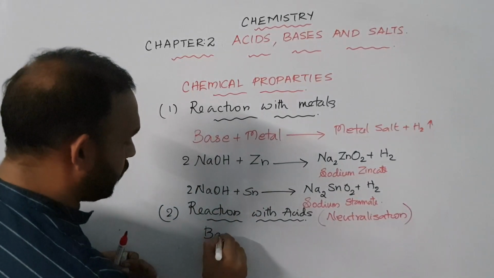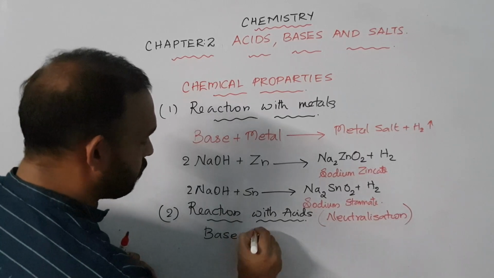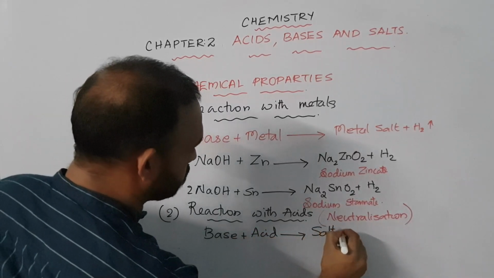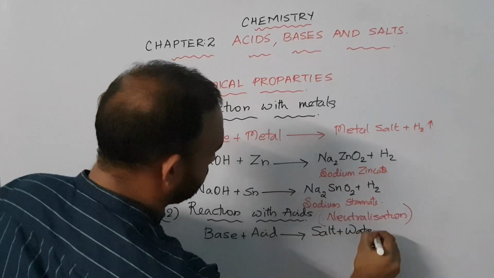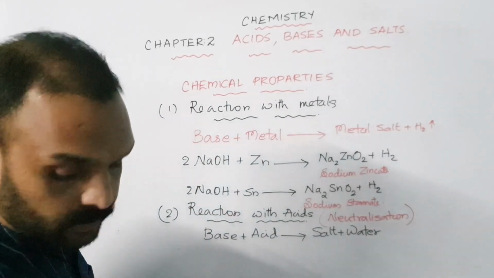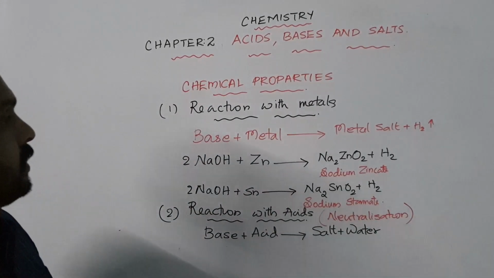Let's write a general equation for it: base plus acid gives salt plus water. This is a general equation which we can write for the reaction with acids. Let's write an example.